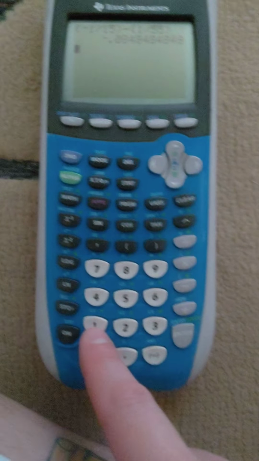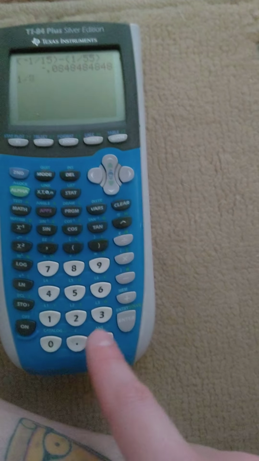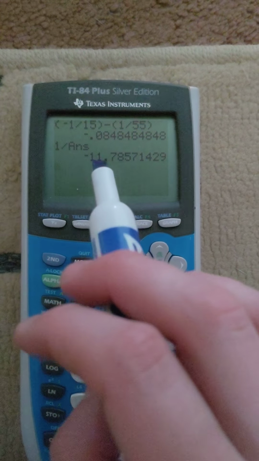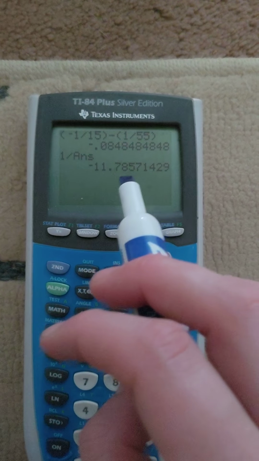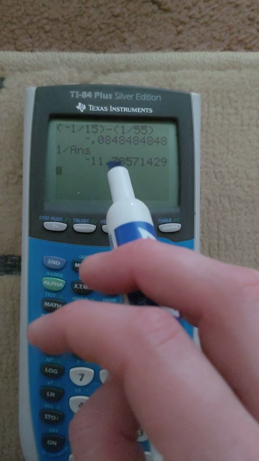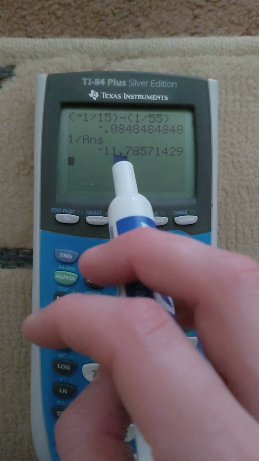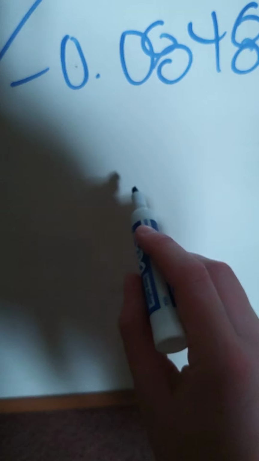So 1 divided by that, the answer is about negative 11.78. I'm keeping 2 after, so I'm going to put negative 11.79. So v is about minus 11.79 centimeters.